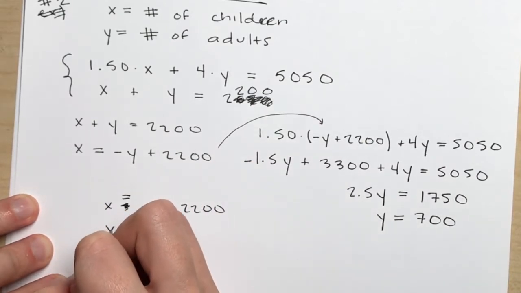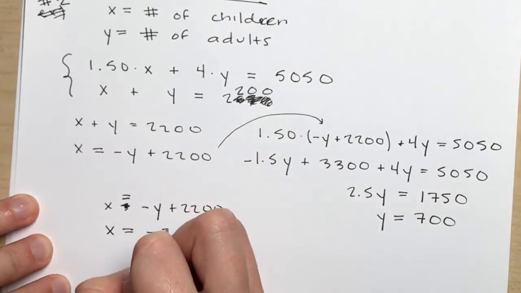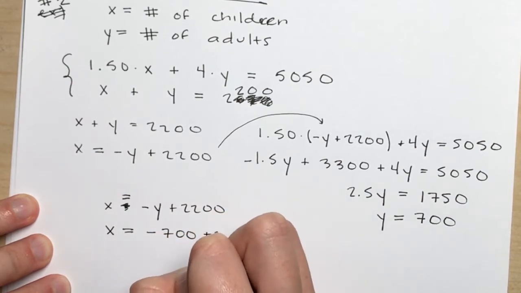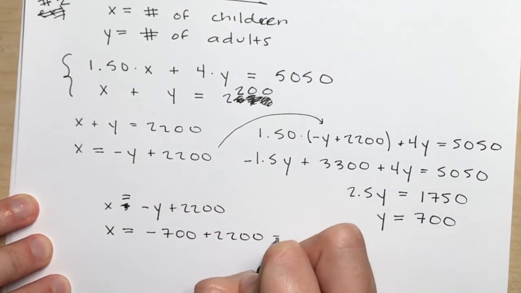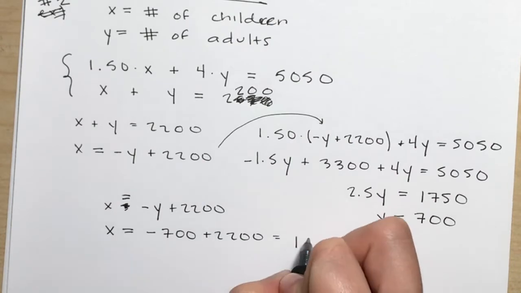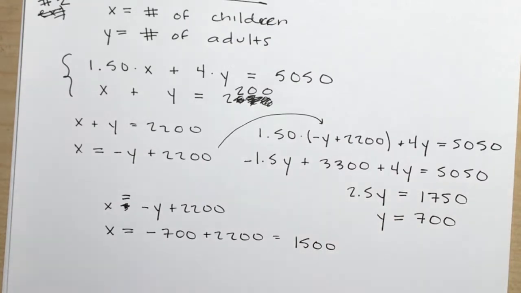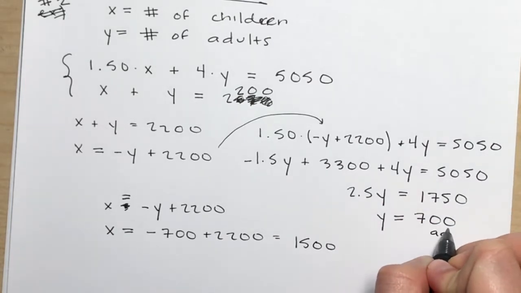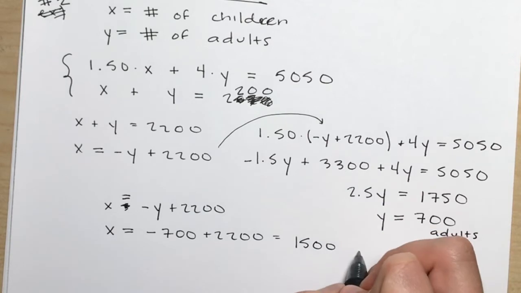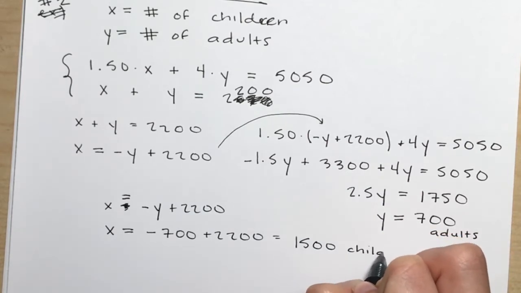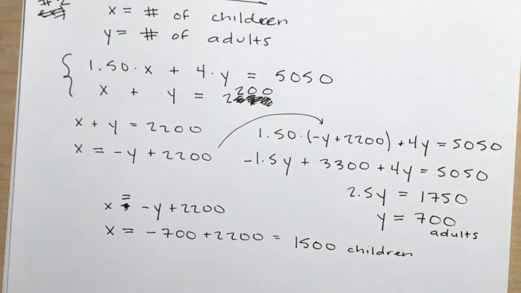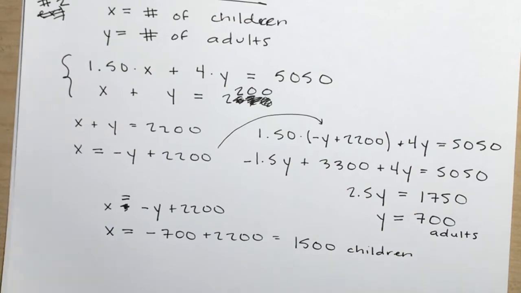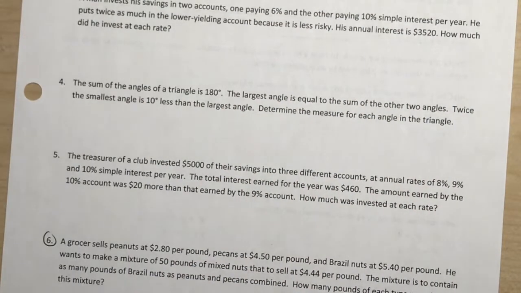We know that y is 700, so x must be 1,500. Great. So we have 700 adults and 1,500 children. That's our answer. Great, let's take a look at number 3 here.